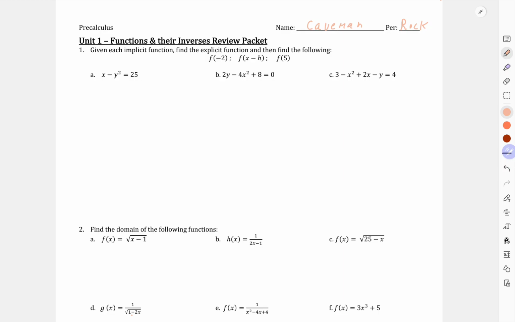All right, first concept we're going to go over is what implicit and explicit functions are, right? And why we need to even find these things, right? Basically, the definition of an implicit function is when it's defined by an equation not solved for the dependent variable, which is called an implicit function, right?